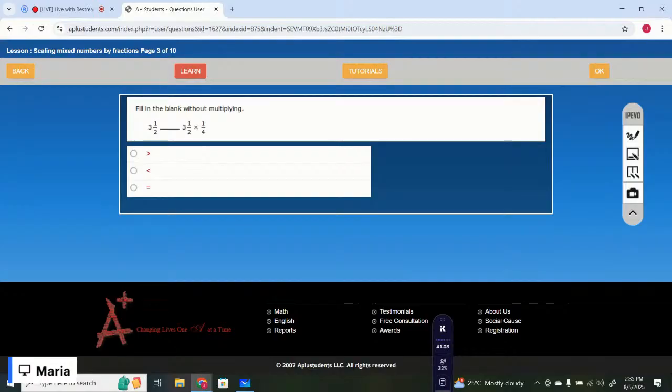Fill in the blank without multiplying. 3 whole 1 by 2, and we need to compare it to 3 whole 1 by 2 times 1 by 4.